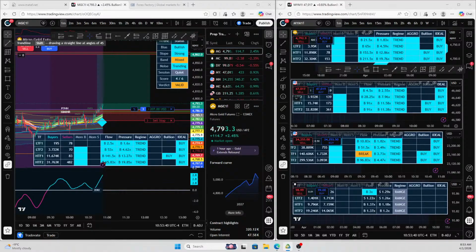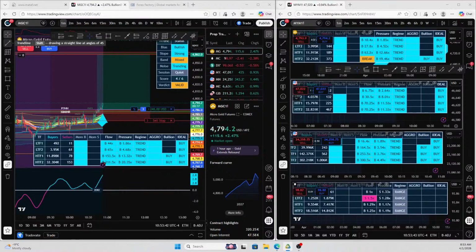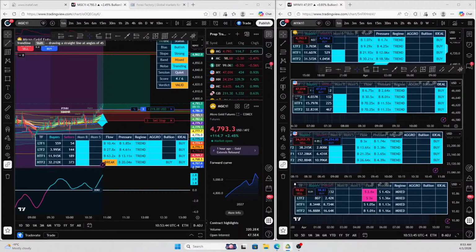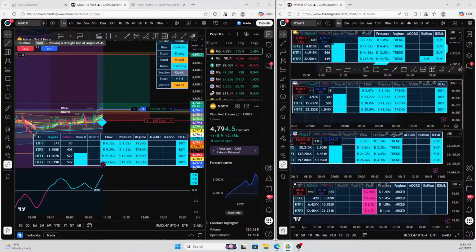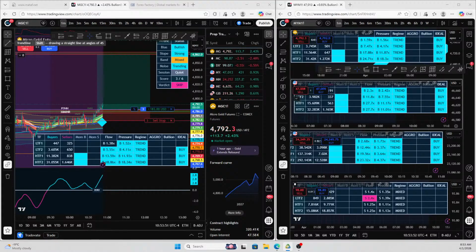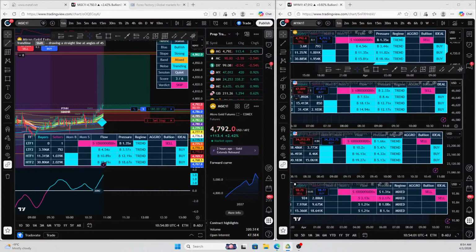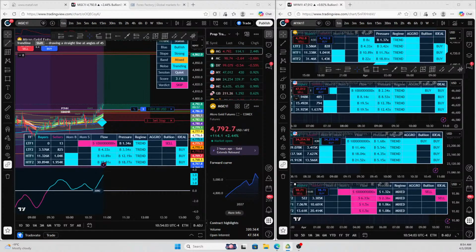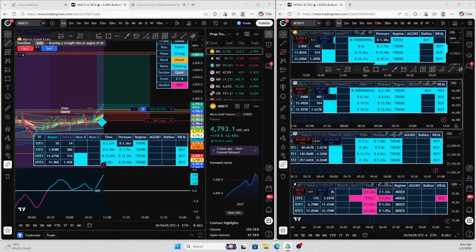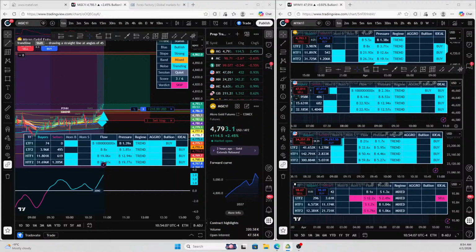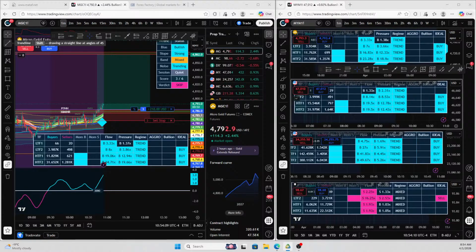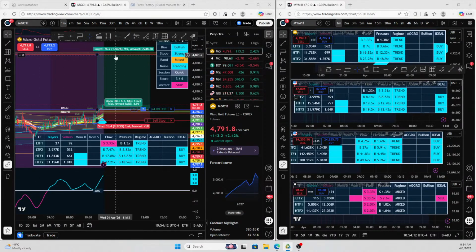Let's go gold. Yeah, as long as the volume is supporting our move, we should be good. We're targeting this level right here.